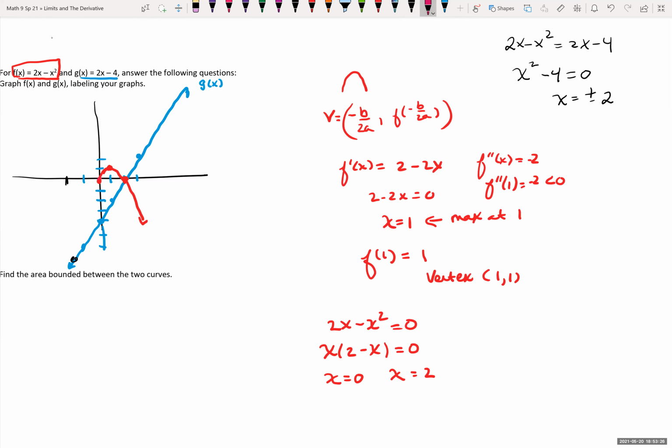And so setting up our integral, we're looking at the integral from -2 to positive 2. The function that's always on top in this case is the 2x minus x squared. And then we're going to subtract off the other function, but put parentheses around it, this 2x minus 4.